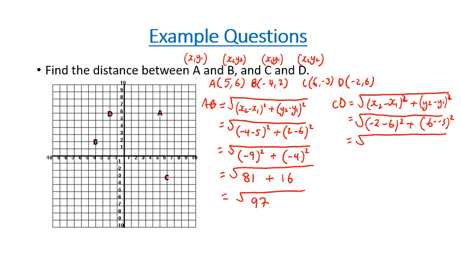This becomes the square root of negative 2 take 6 is negative 8, plus 6 take away negative 3 is 6 plus 3, which becomes 9 all squared. Therefore, this equals the square root of 64 plus 81, which is the square root of 145.